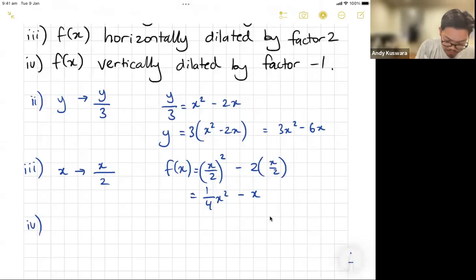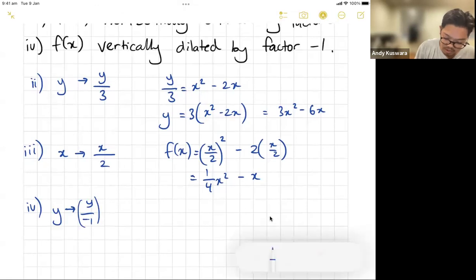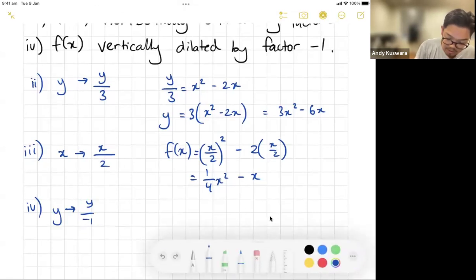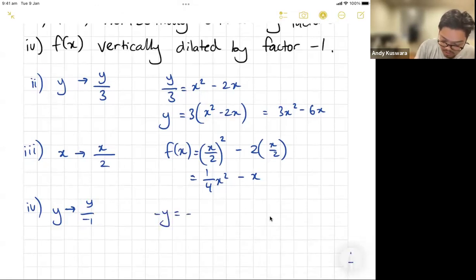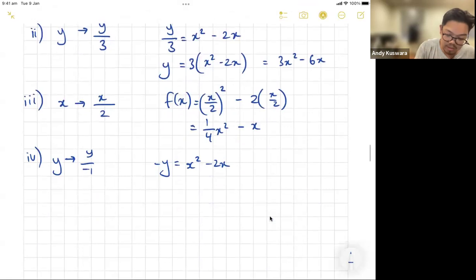Number 4. If I vertically dilate it by a factor of -1, that just means that instead of y, I'm writing y/-1, which is just -y. So that means -y now equals x squared minus 2x, again using my original function, and instead of f(x), I know that now it's just y/-1, which equals minus y.